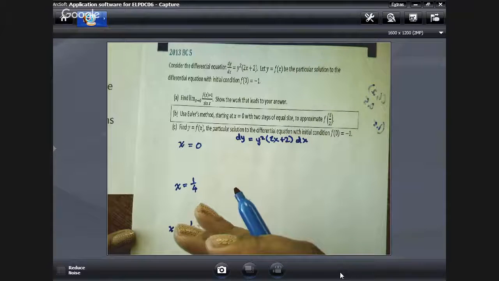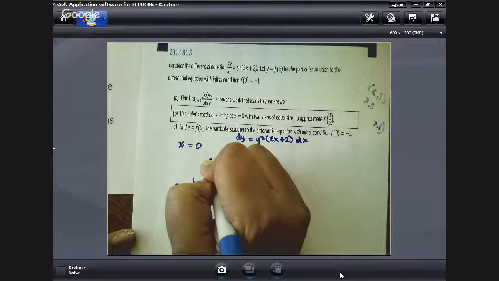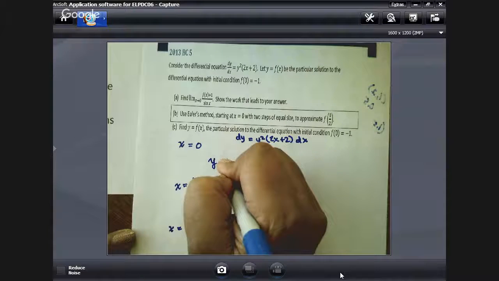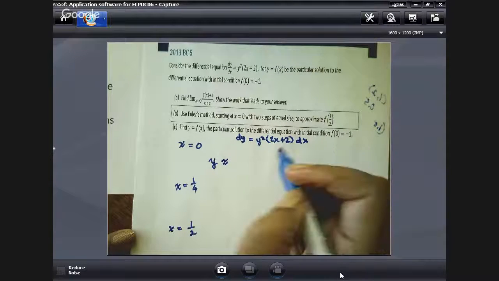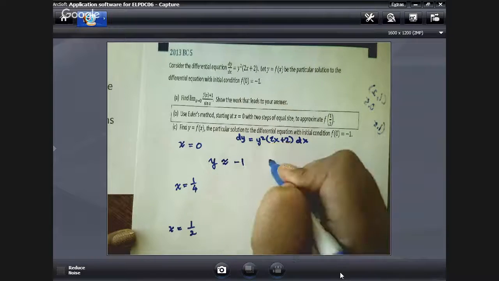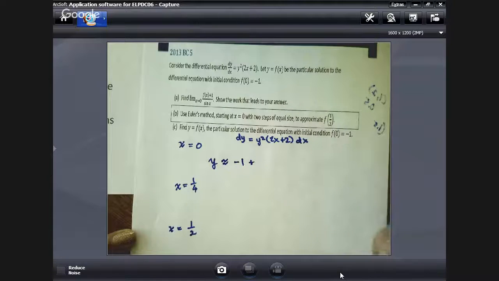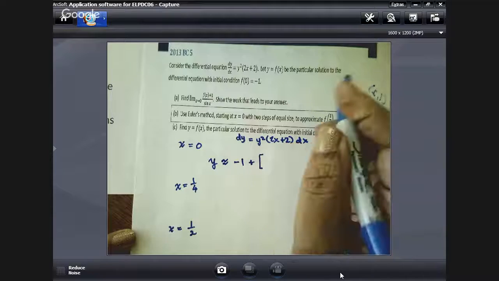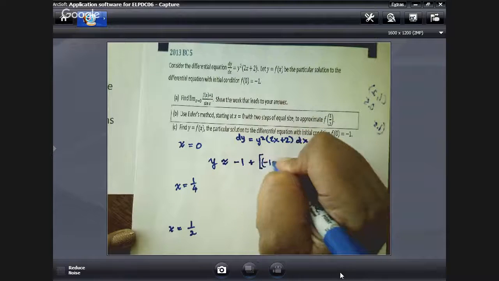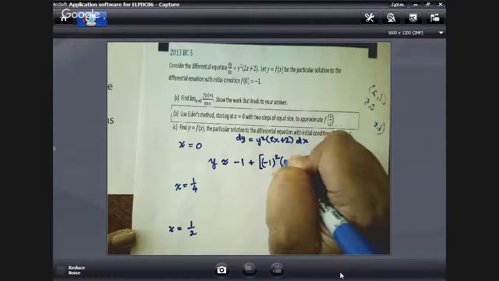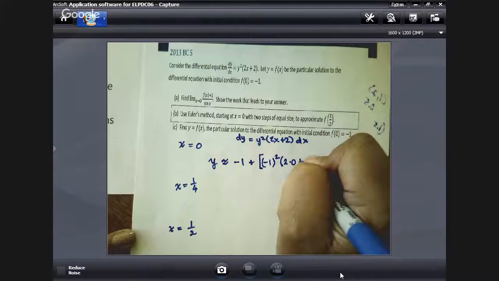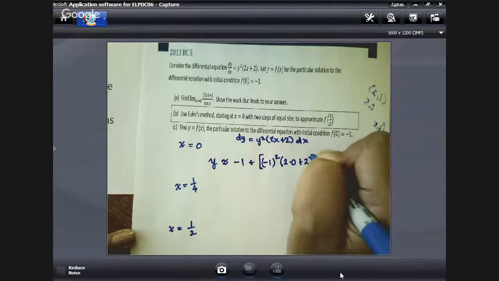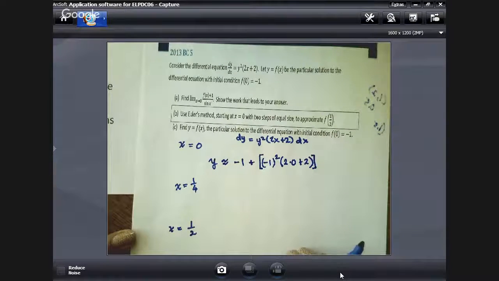You need to find the y value that is approximately equal to the y value that you have, which is -1, plus the slope of the line, which would be y squared, so (-1) squared times (2 times 0 plus 2). Right? That gives you the slope of the line.